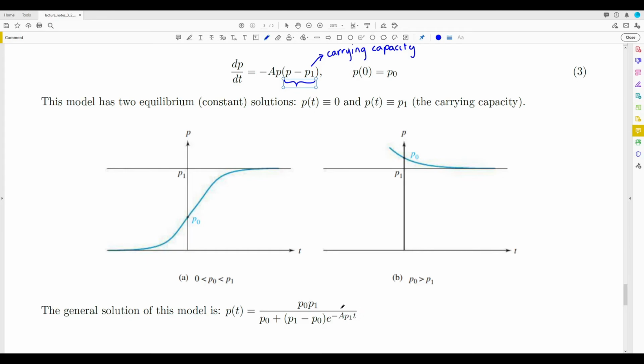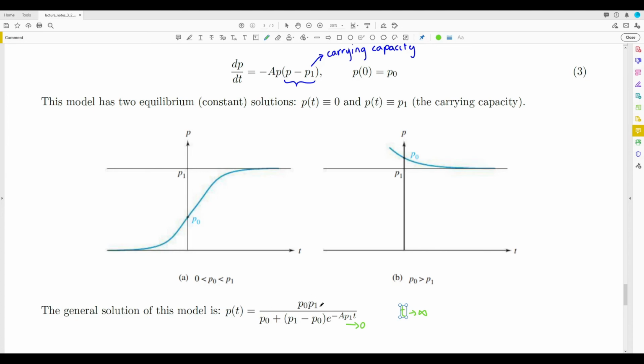And so let's just briefly look at what happens to this model when t goes to infinity. If t goes to infinity, then this term goes to 0. And so this whole denominator here goes to p naught.